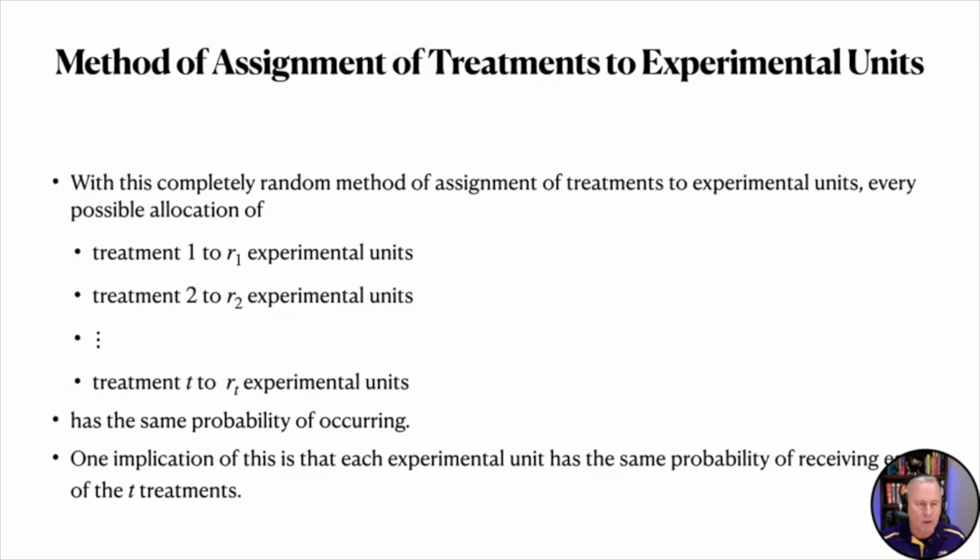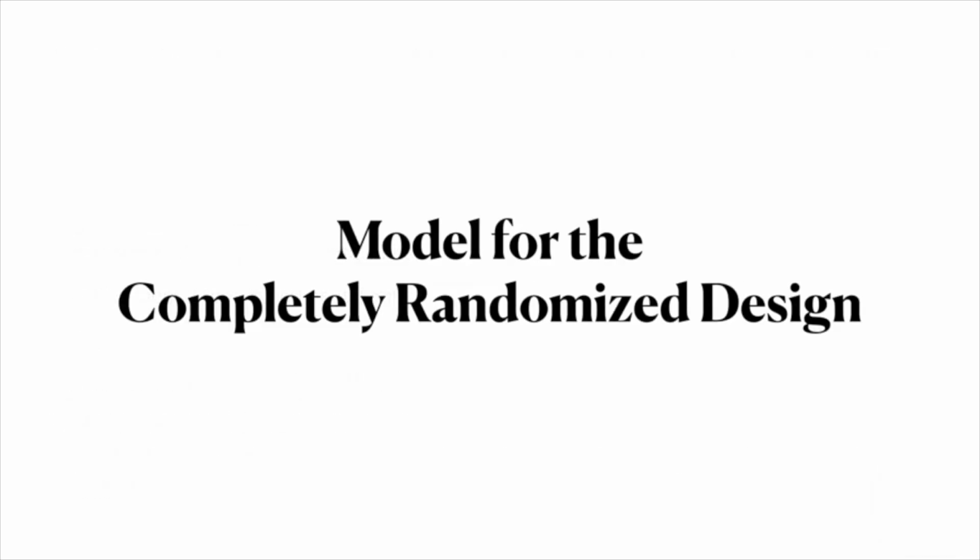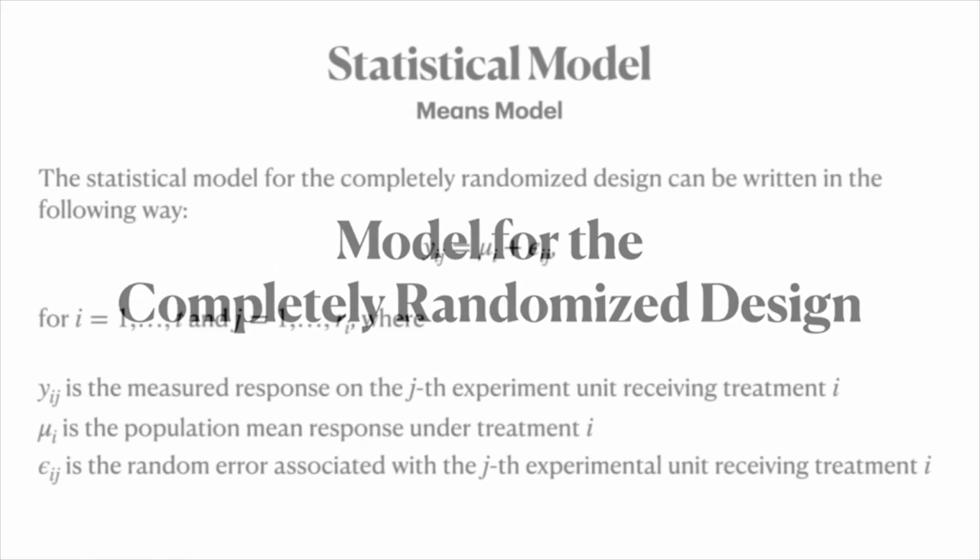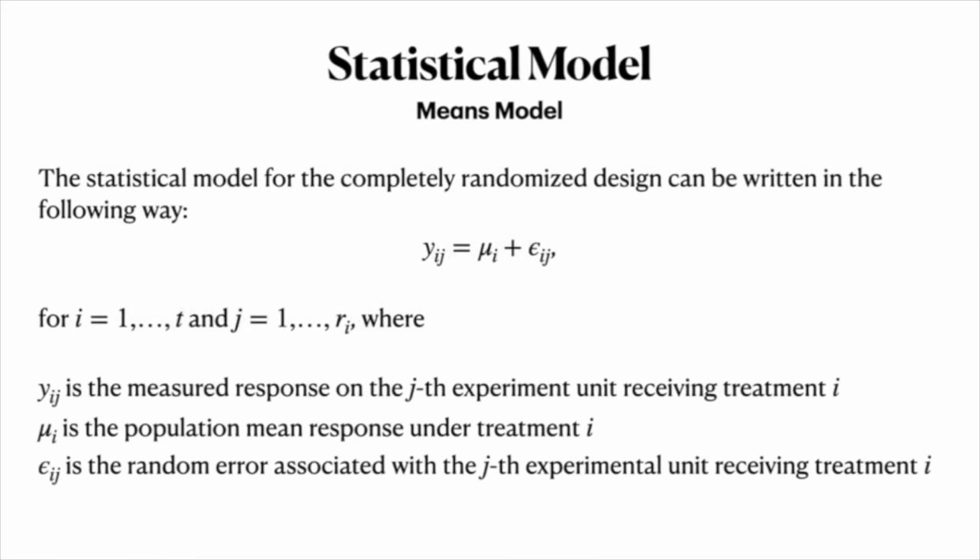So let's move on to the next topic, model for the completely randomized design. And this is perhaps something that you were not exposed to in your first methods class, perhaps not even in your second methods class. I guess it depends on who's teaching and their approach.